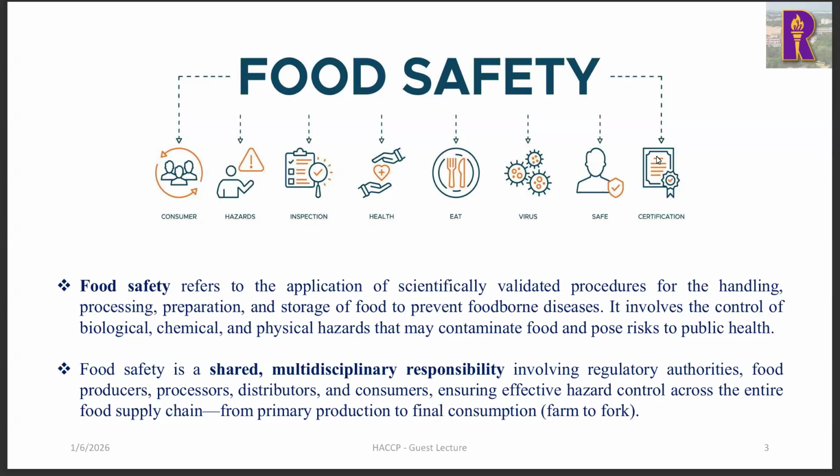So we all combine together and share this food safety part. If any mishap happens at any stage from the raw material to the consumption, it is a defect to food safety. So it's not that only the producer is responsible for food safety. That's why the concept of farm to fork comes into our food safety.